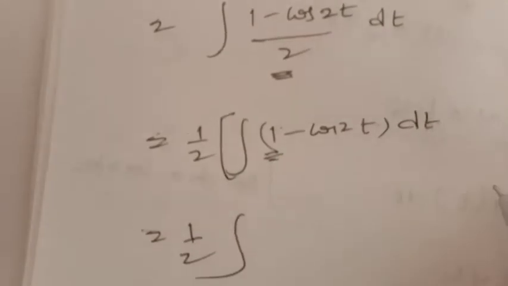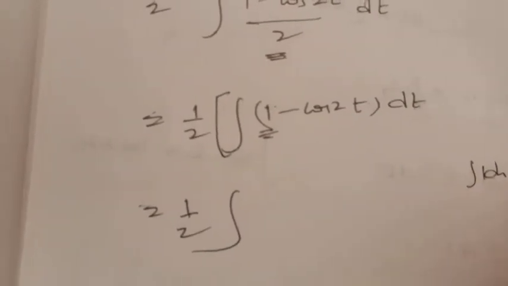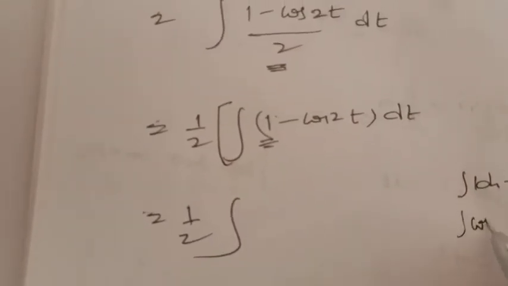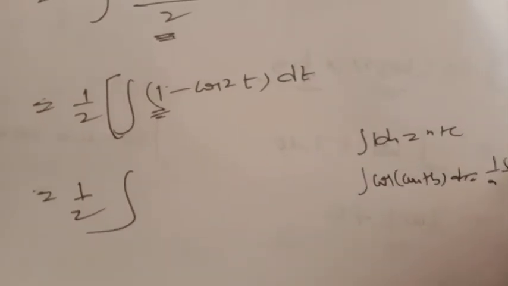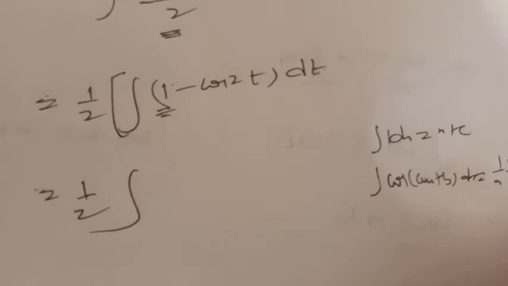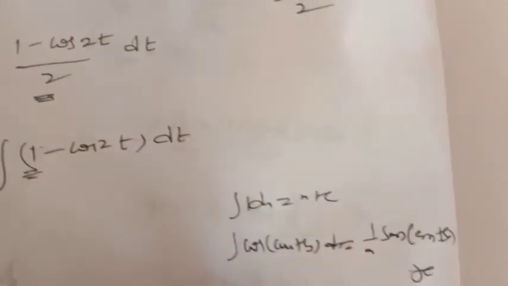Here we have integral 1 dx equal to x plus c, and integral cos(ax plus b) dx equal to 1 by a into sin(ax plus b) plus c. Here b equals 0.